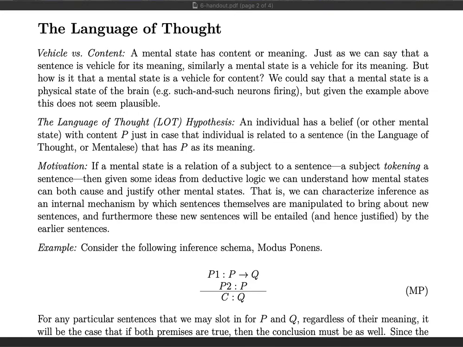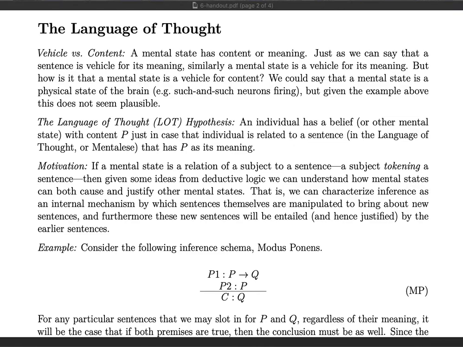The sentence is a container or a vehicle which is able to hold meaning. Okay, so talking about a sentence as a vehicle for meaning is kind of like a metaphor for thinking about how the sentence itself is a thing which has meaning or content. So similarly, when we talk about mental states and wonder about their meaning or their content, we can say that a mental state itself is also something that is a vehicle for meaning or content.